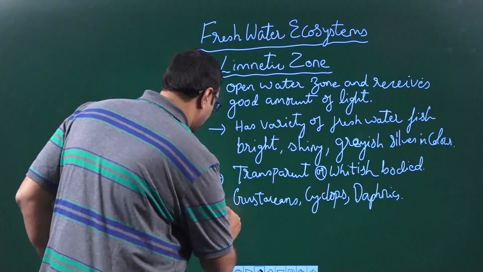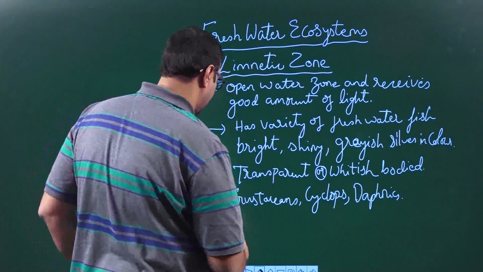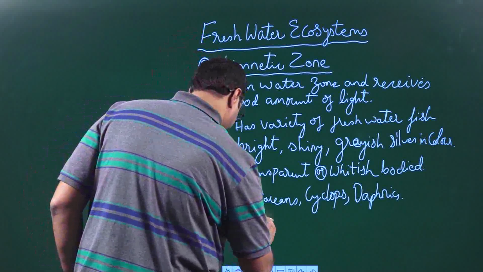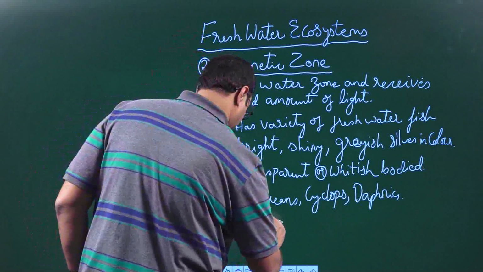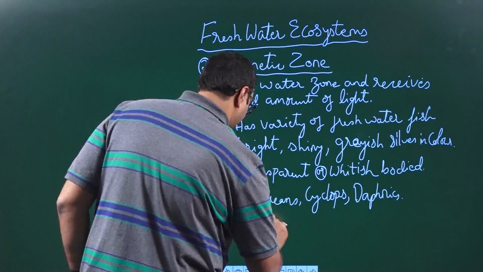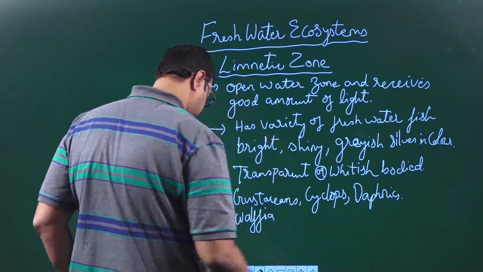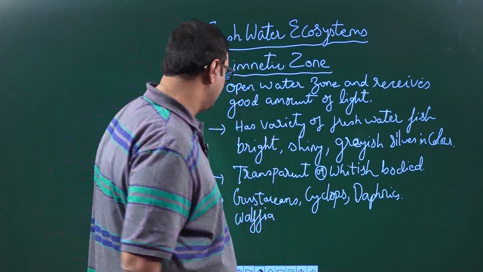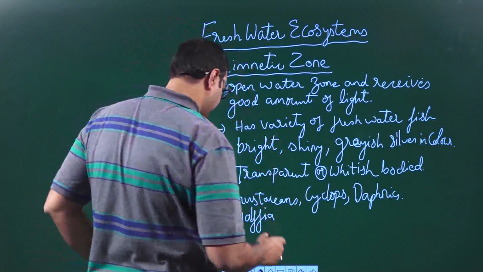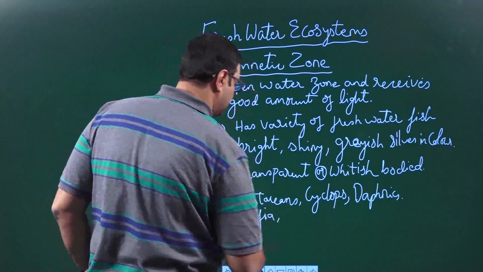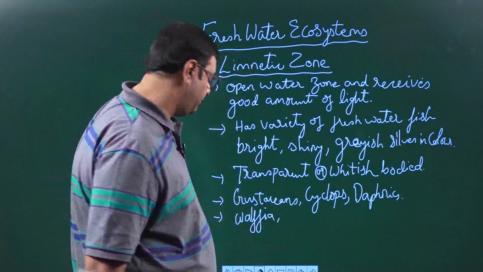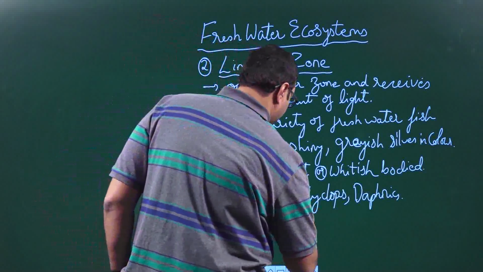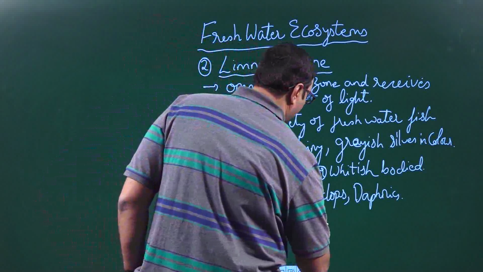Now you have some plants also in this. Examples of plants are Wolffia, and then you can also see water hyacinth.